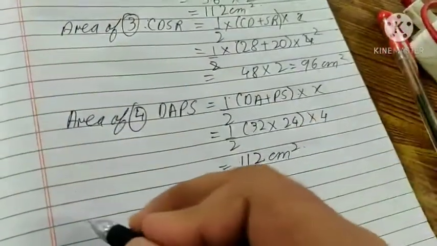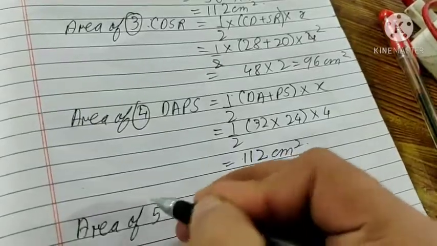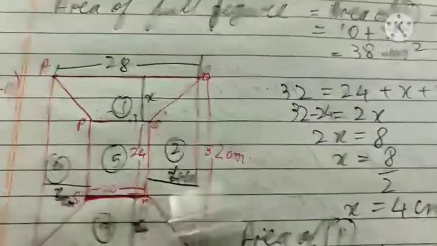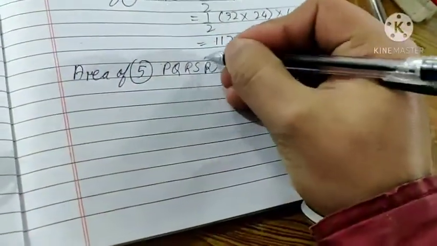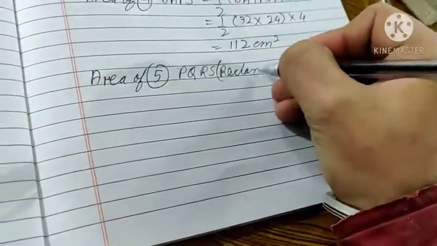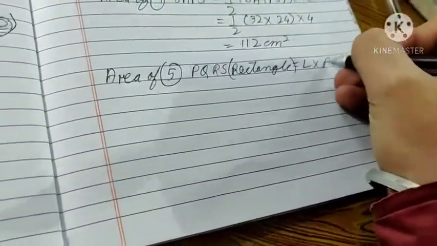So now area of 5. What is the fifth figure? PQRS. PQRS is a rectangle. So area of rectangle is length into breadth.